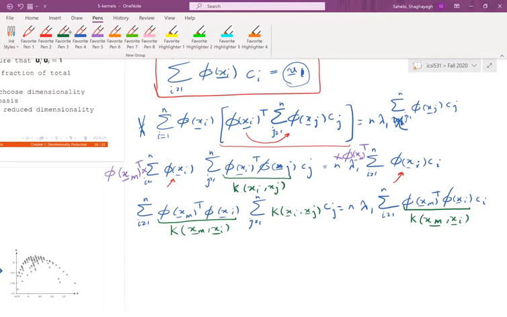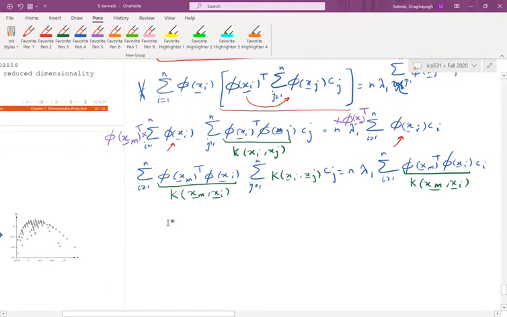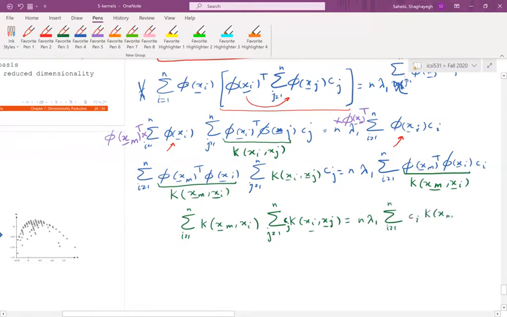Now that everything is kernelized, we have summation of i equals 1 to n, k(xm, xi), summation j equals 1 to n, k(xi, xj) multiplied by cj. Cj is basically a scalar, right? It is equal to n lambda 1, summation of i equals 1 to n, ci k(xm, xi).